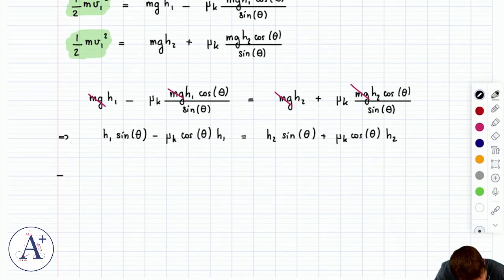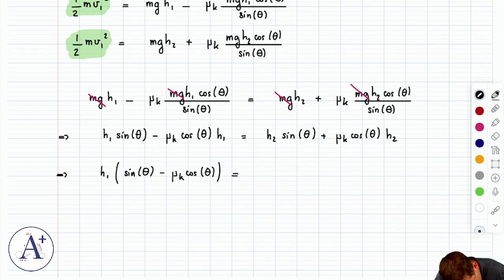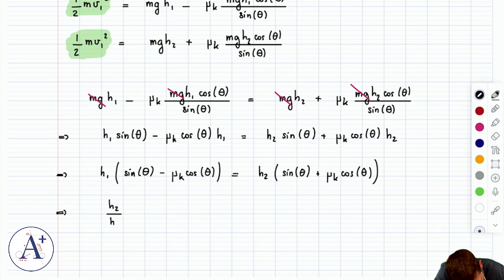Okay, so then let's factor stuff out. h1 times sine theta minus mu k cosine theta is equal to h2 times sine theta plus mu k cosine theta. And we want h2 over h1.